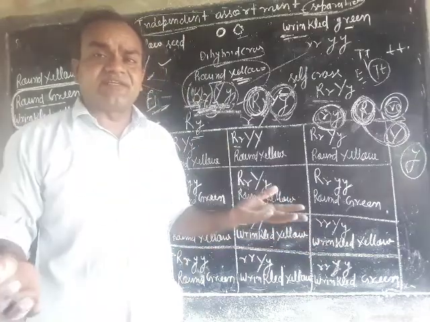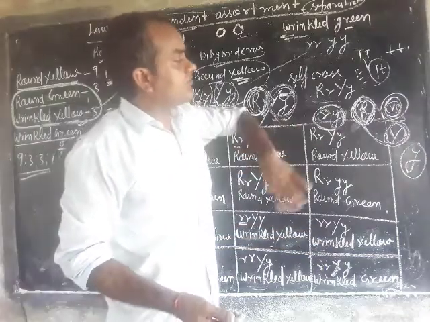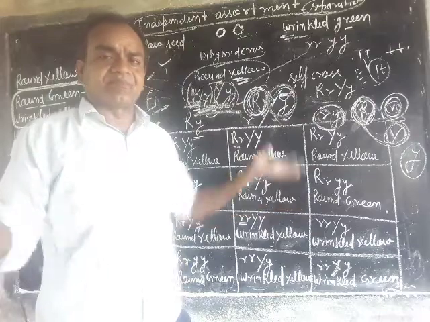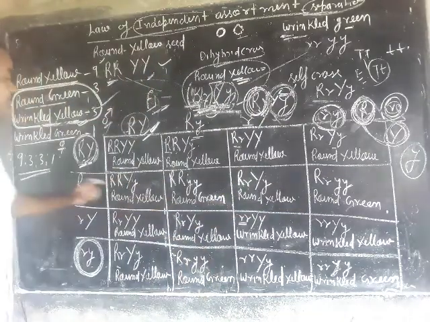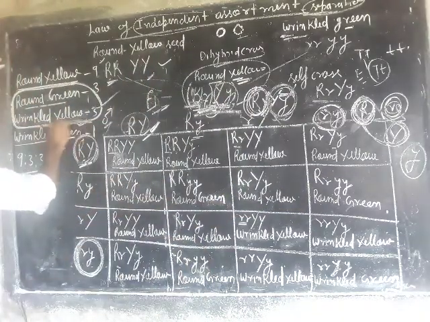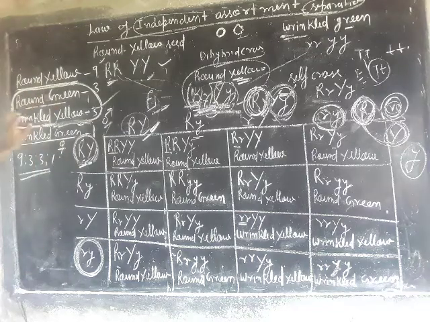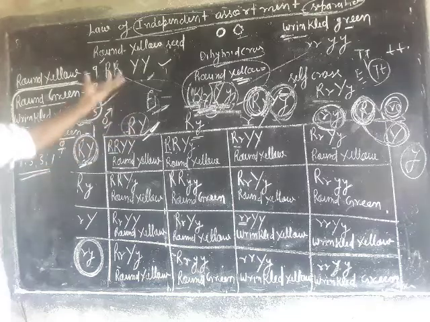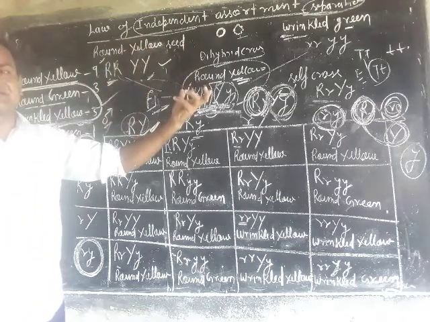They fuse independently, by which we get the new characteristic features, round green and wrinkled yellow, which differ from the parents.